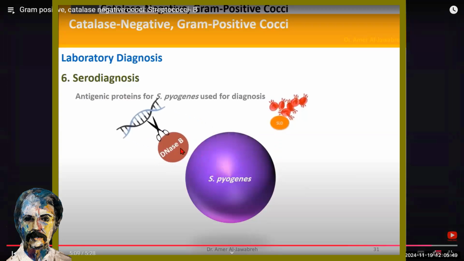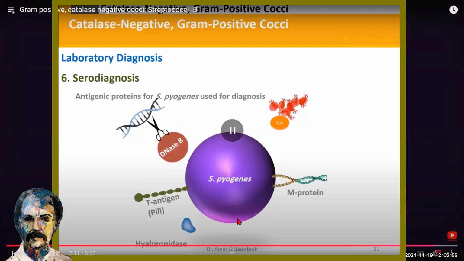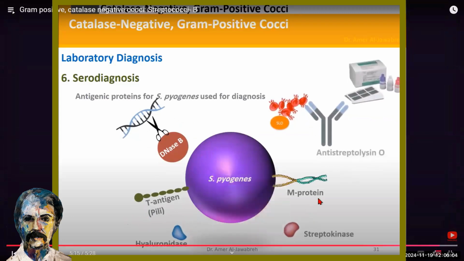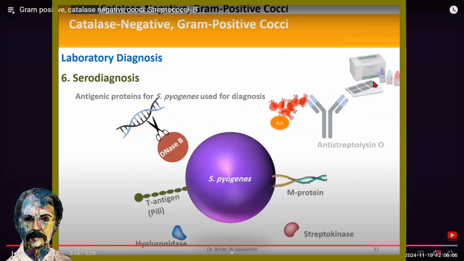For S. pyogenes, there is also SLO, DNase, this is another virulence factor. They also developed a testing kit for this. Protein M, also T antigen, hyaluronidase, the same here, streptokinase. This is the kit; this is the most common.